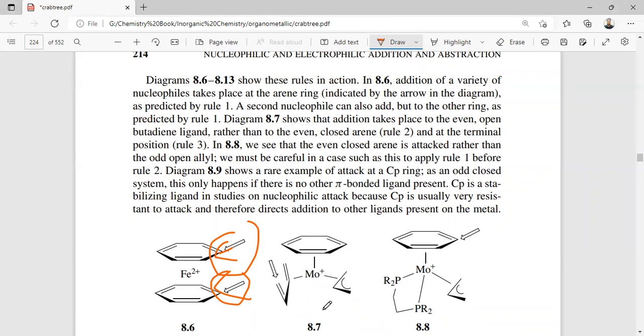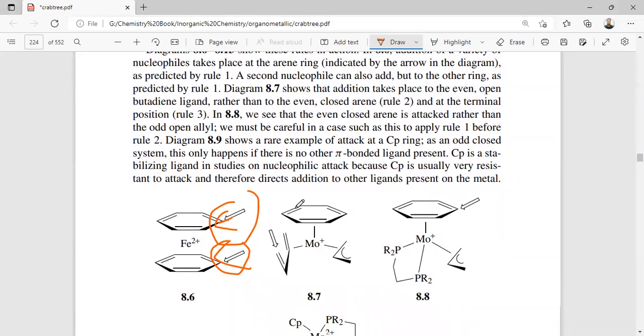In 8.7, we have a possibility of both polyene and polyenyl. From the first rule, the open one shows the addition takes place at the even, open butadiene ligand rather than the even, closed ring. According to rule two, this ring is going to be the site of nucleophilic attack.